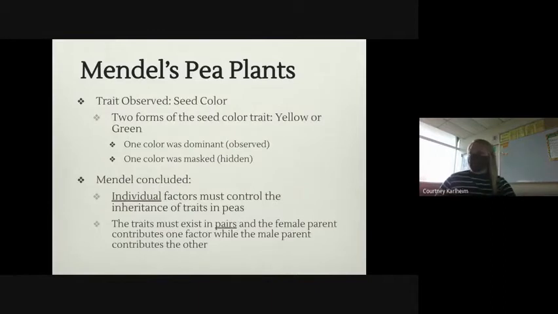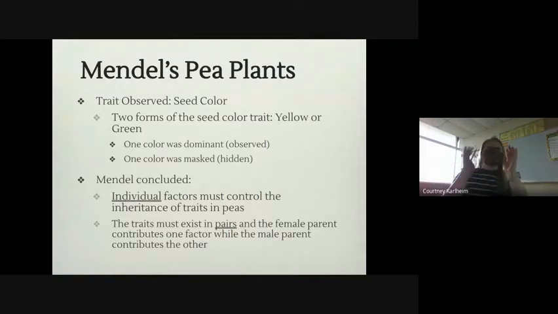So when he looked at this, he was looking at seed color. And there are 2 forms of the trait, yellow or green. One was dominant and one was masked or hidden. And remember from our dragons that we studied, dominant just means the one that shows up or is observed or seen. So overall, he concluded that individual factors must control the inheritance in pea plants.